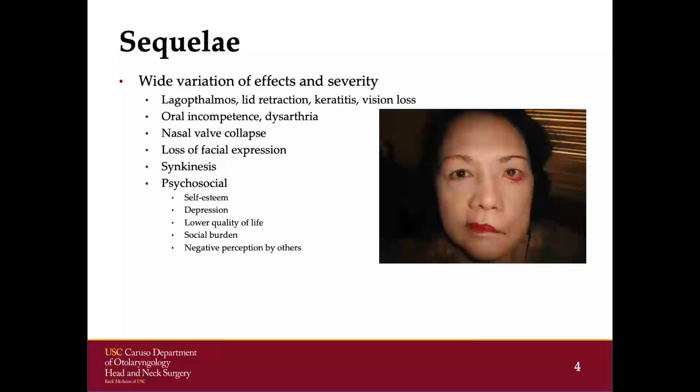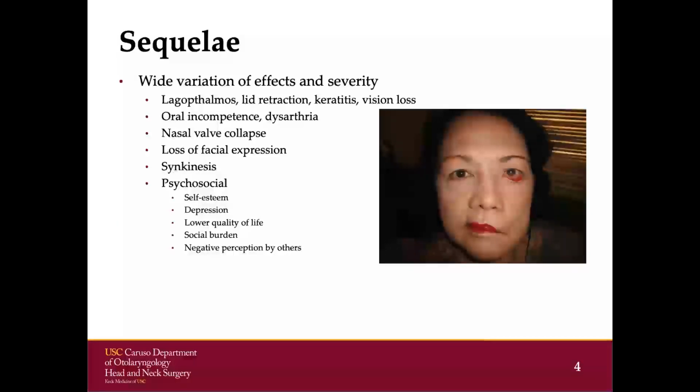Synkinesis can also occur, which is the aberrant regeneration of nerves, which causes dyssynchronous firing and involuntary movements. And so the psychosocial implications of this disorder are pretty great, because facial expressions play such a major role in the way that we communicate with each other, and can really give rise to feelings of social isolation and depression in people who are affected.